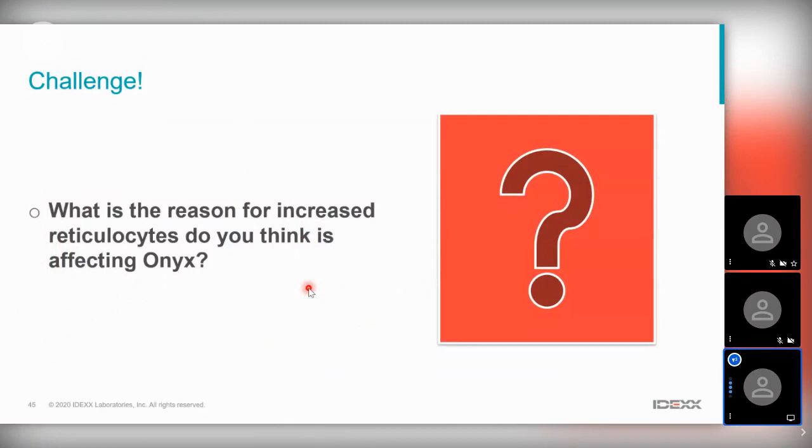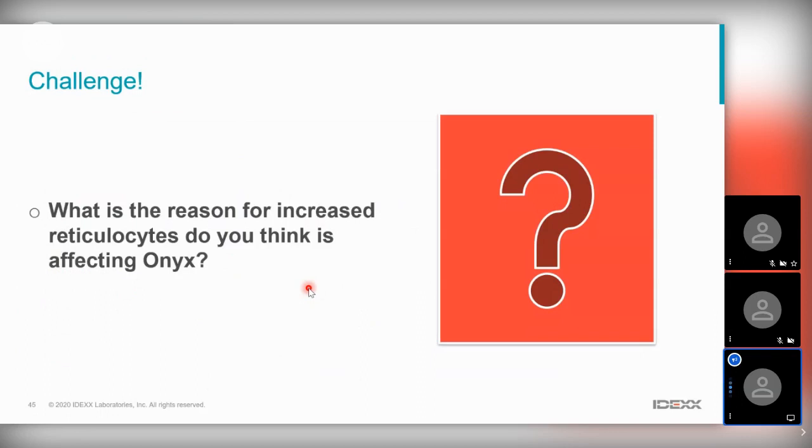So what could be the reason for increased reticulocytes? What do you think is affecting Onyx? Let's just ponder on it. Okay, could it be something like he lost blood? No, there was no history of loss of blood. Not producing blood, that could be the reason, because the reticulocytes are immature and the RBCs are less, or the blood is being destroyed.